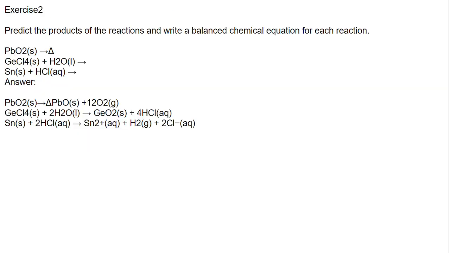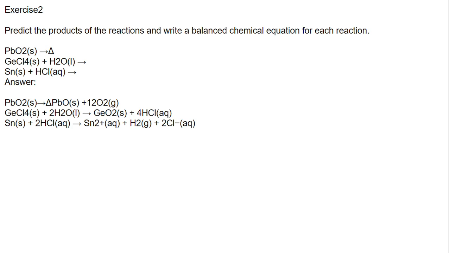Now exercise 2 is one in which we have to predict the products of the reaction and write a balanced chemical equation for each reaction. Now lead oxide is given; which product will it form?